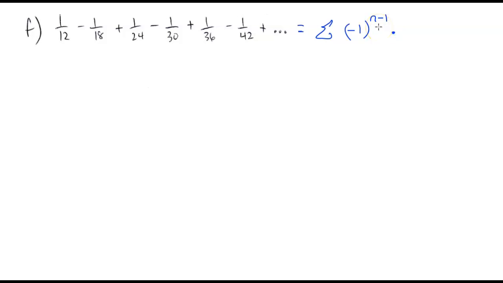The next thing, if we look at this, we know that 12 is the same as 6 times 2, 18 is 6 times 3, 24 is 6 times 4, and 30 is 6 times 5. So we can see the pattern going on here. We're going to have a factor of 1/6, so I'm just going to take this and divide it by 6. And here we have 2, then 3, then 4, then 5.